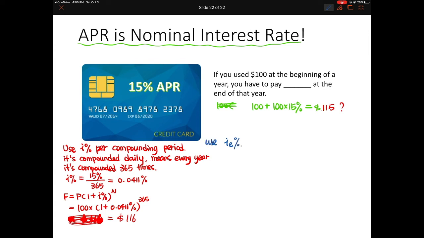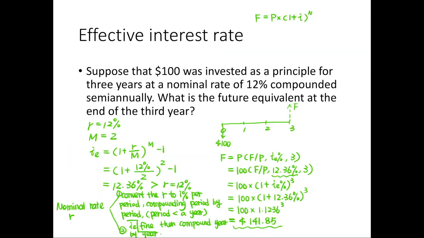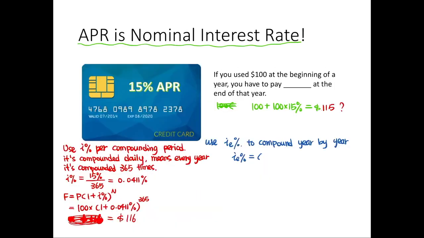Use IE% to compound year by year. In this case you only have 1 year. But the first thing is you have to calculate the IE. So for IE, you use that equation: 1 plus R over M, to the power of M, minus 1.